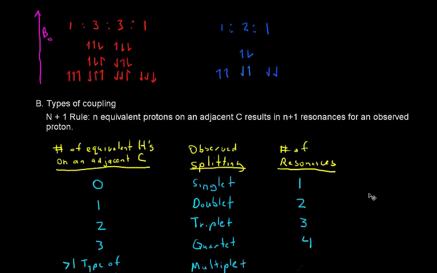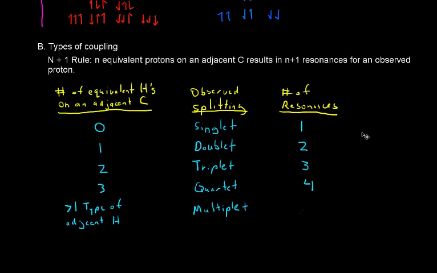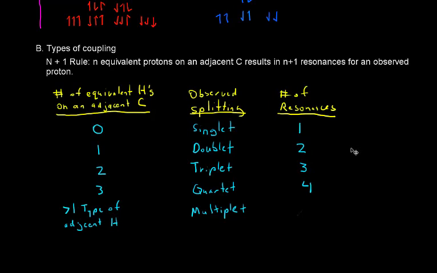I should point out here that this is known as a first-order approximation. There are more complicated cases where this rule breaks down, and we'll probably see some examples of those. But to figure out coupling in more complicated cases where you have second-order effects going on is beyond the scope of this course.